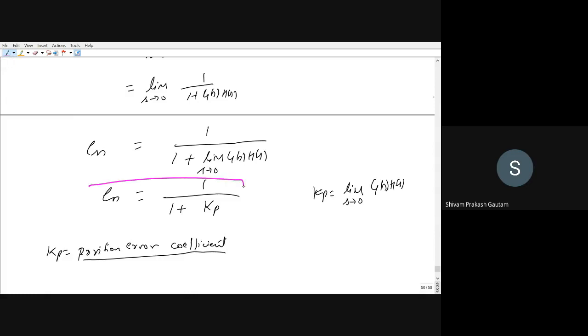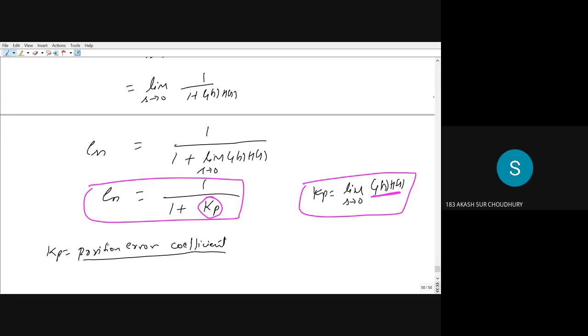You can see this is how you can calculate. First you can calculate Kp, that is limit s tends to 0 of G(s) into H(s), which is the open loop transfer function. And once you get the value of Kp, you can substitute it here and calculate the error. Is it okay?